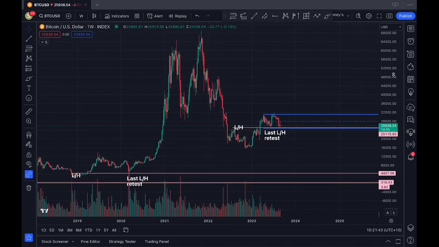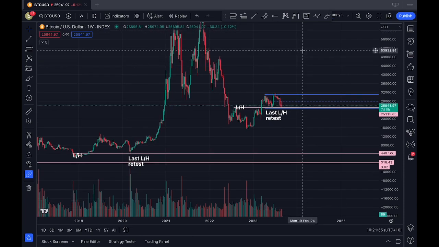That's just a fact. It's pretty much a given that in the next year or two, we are going to come and test these highs at 69K. So when we are up at these highs and looking to push on much further, you're not going to look back and say, oh, I wish I got in much earlier than 26K.